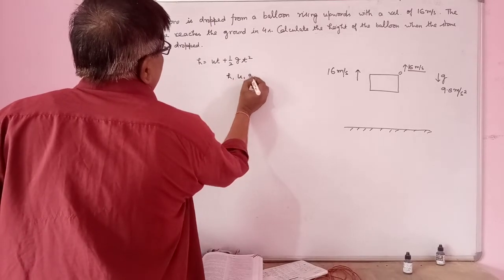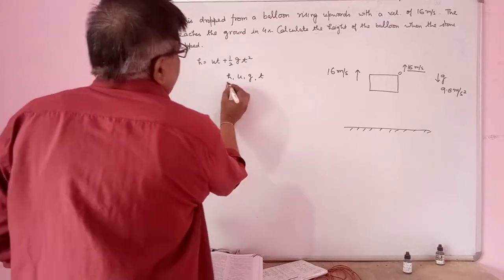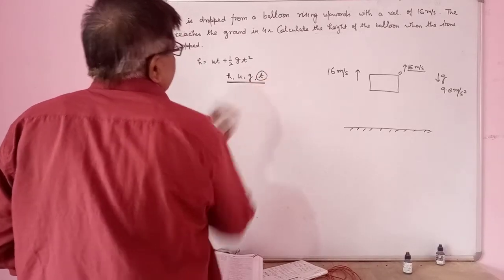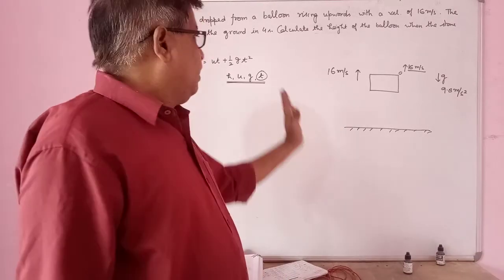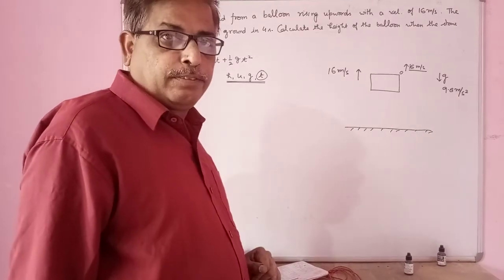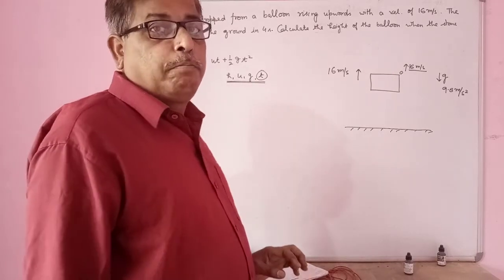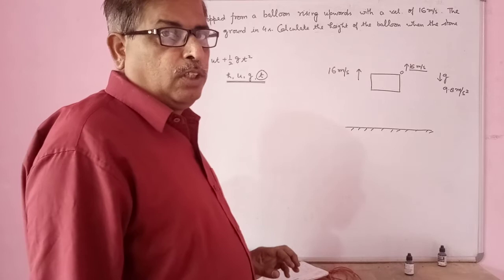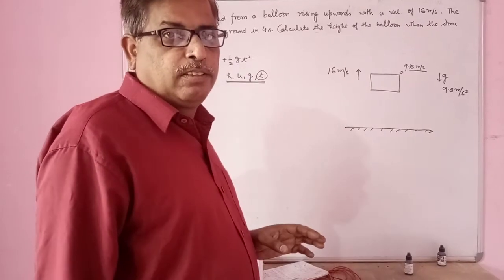Out of these 4 parameters, t is a scalar quantity, and the remaining 3 quantities are vector quantities, so these are used with direction.